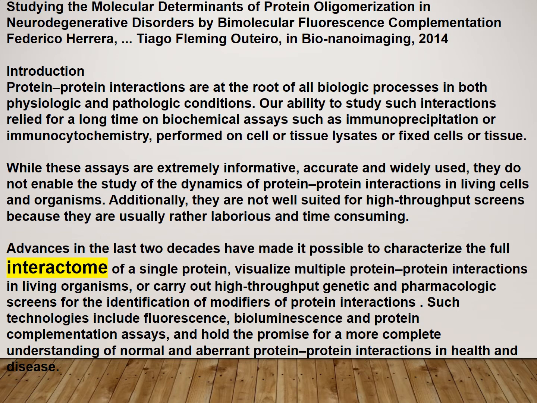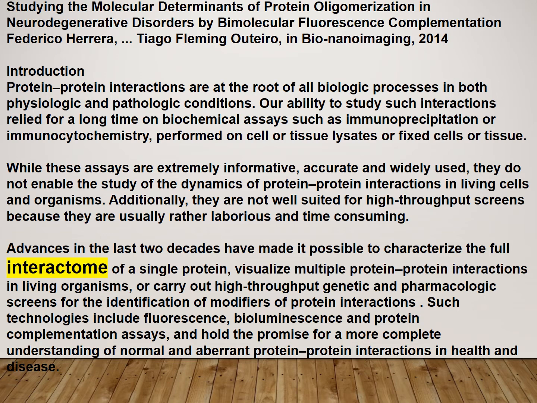So here's another paper. Molecular determinants of protein oligomerization in neurodegenerative disorders. And it looks like they've got a technique, I'm not sure we'll cover it, but bimolecular fluorescence complementation. And I just like their introduction because they speak about protein-protein interactions here. And I think most biologists realize that's the root of all biological processes in both normal physiology and disease or pathologic conditions.